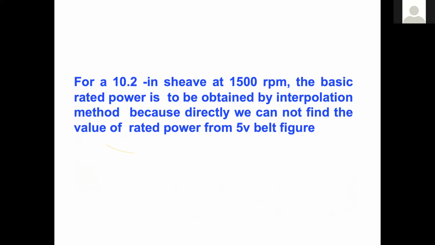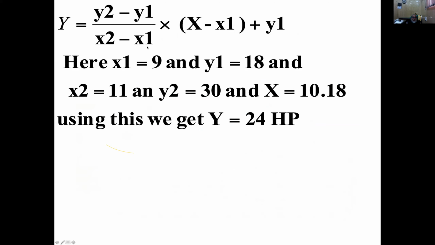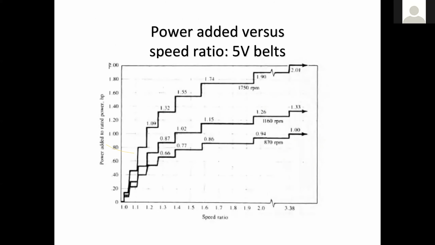Now you can see here X1 is 9 and Y1 is 18, X2 is 11, Y2 is 30, and X is 10.2. It is actually 10.18 written here, but it's 10.2. So we get a Y value equal to 24 horsepower.